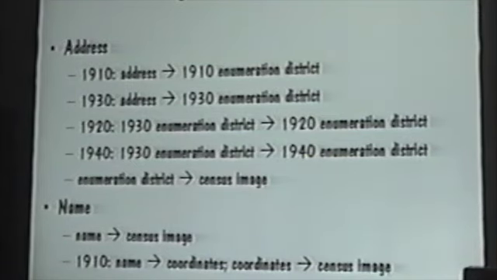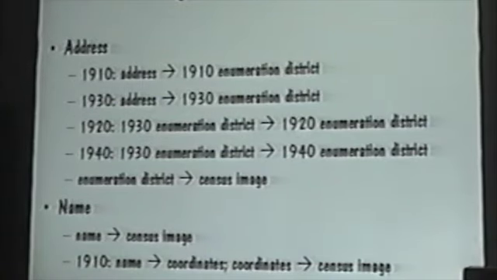No, you know his address in 1920, but just use the 1930 tool to find out what ED corresponds to that address in 1930, and then convert that 1930 ED to a 1920 ED. So you do this as a two-step process. You do the one step to convert address to 1930 ED, and then use this tool to take 1930 ED to 1920 ED, and then, using the ED, you go access the census.